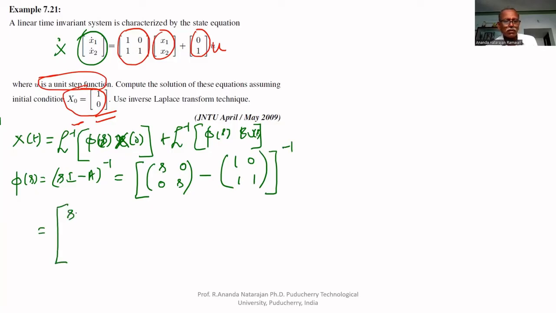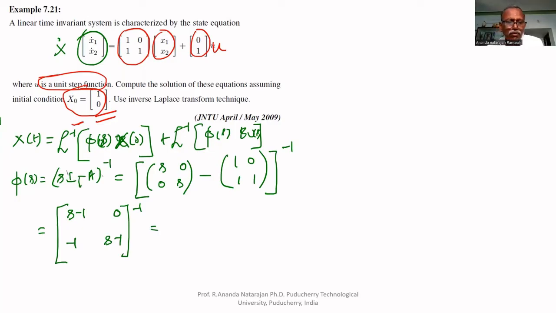S minus 1, 0, 0, S minus 1, therefore minus 1 and S minus 1. The inverse is equal to 1 by determinant times the adjoint matrix.